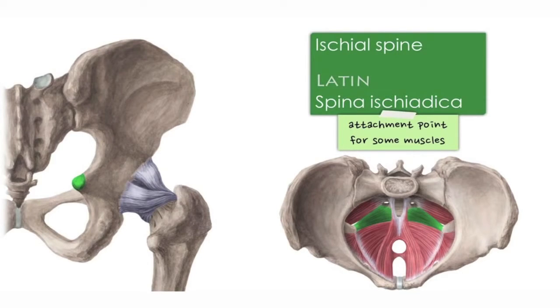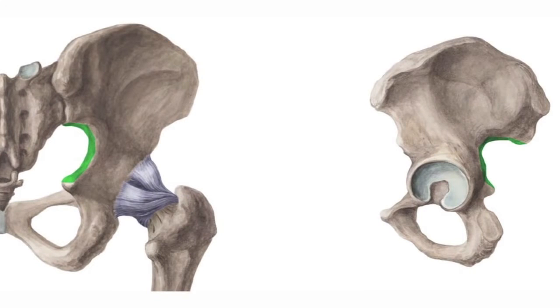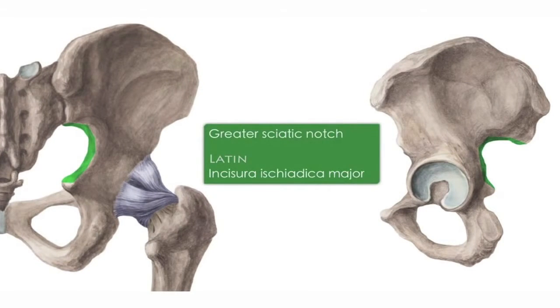Since we've been talking about these structures, it makes sense to talk about them in a little bit more detail now. And let's start, of course, with the greater sciatic notch. This is a large notch that you find between the posterior inferior iliac spine right here and goes all the way down to the ischial spine that we talked about previously.